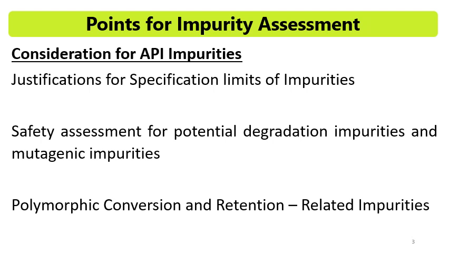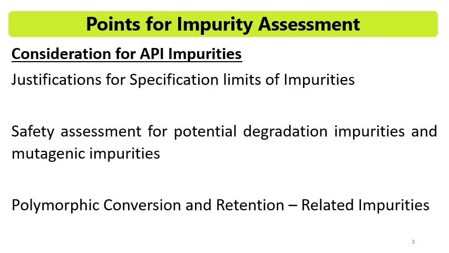Then also consider whether there is a polymorphic form conversion, whether there is polymorphic form retention in the API, and if the form gets changed, then how it is going to impact the impurity formation and the impurity specification.